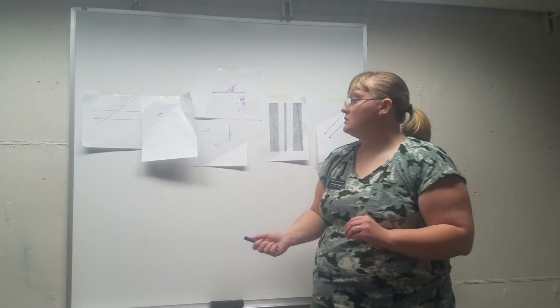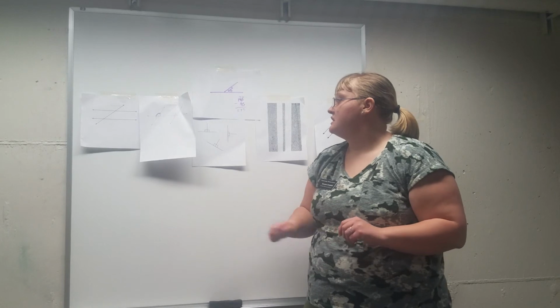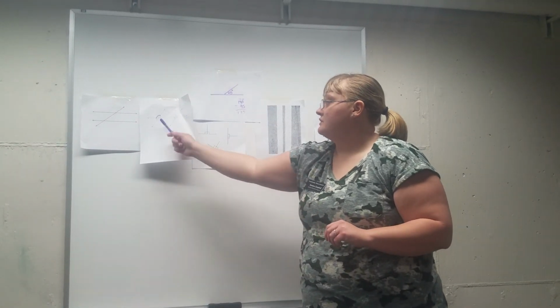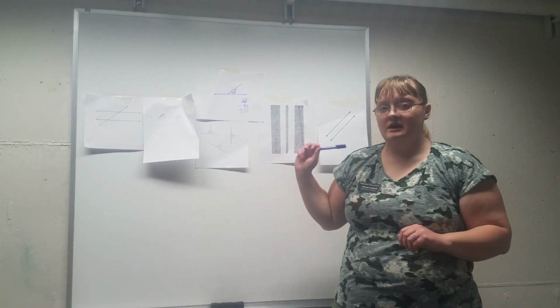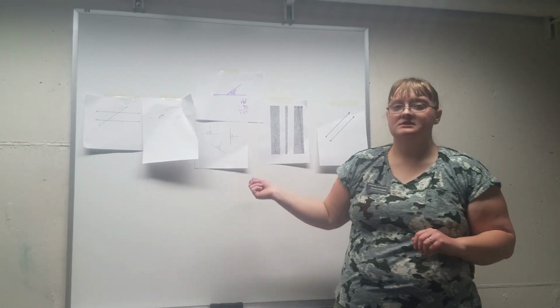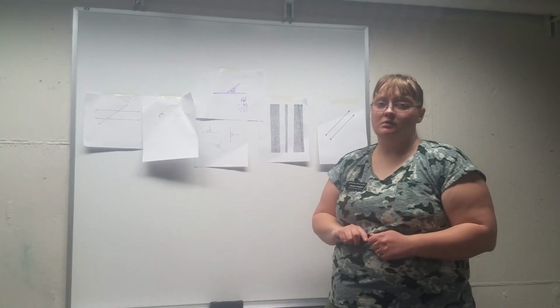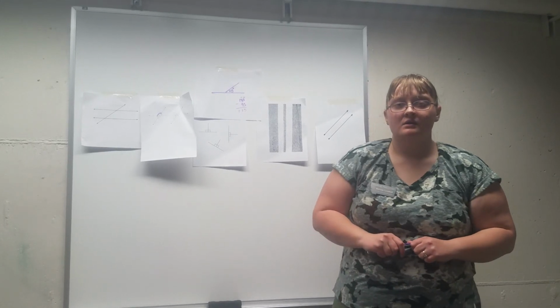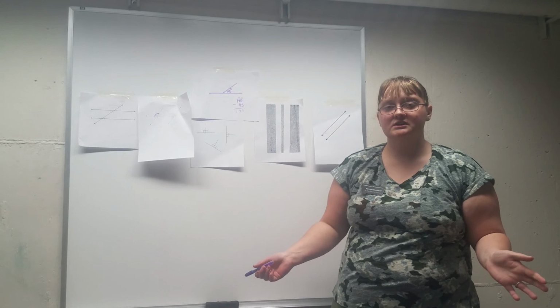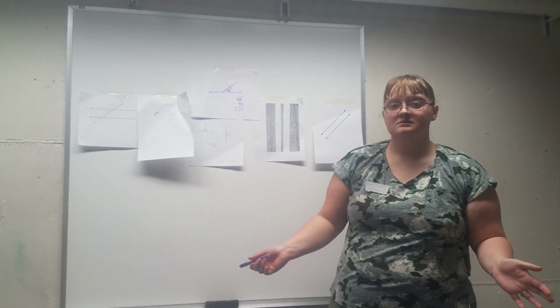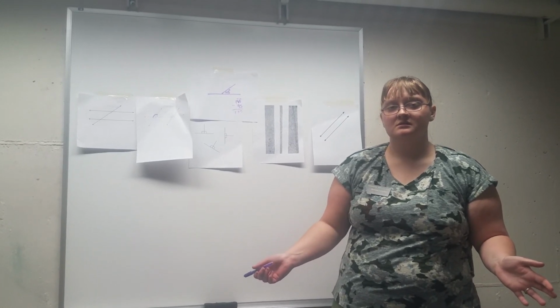But today we're just going to be working with angles and dealing with transversal lines, parallel lines, and perpendicular lines on the worksheets that you will be given. So raise your hands if you have any questions. Okay, so I'll hand out the worksheets and then you guys can get started.